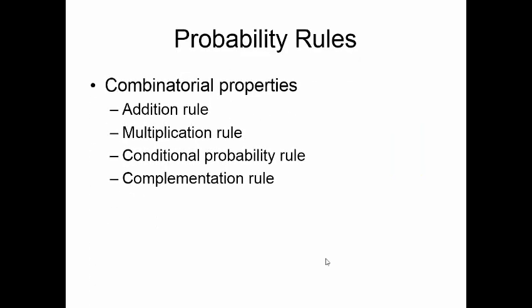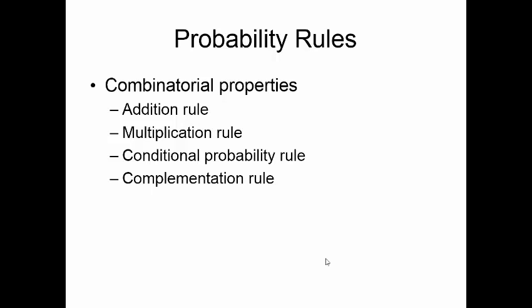So we will now translate this concept of events to some simple probability rules, and these are often called the combinatorial properties of events.